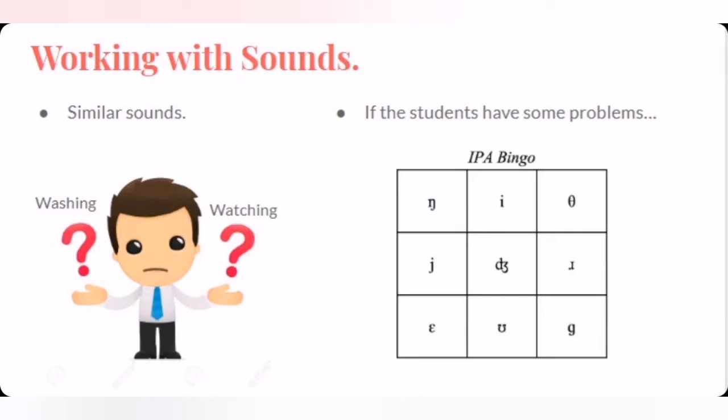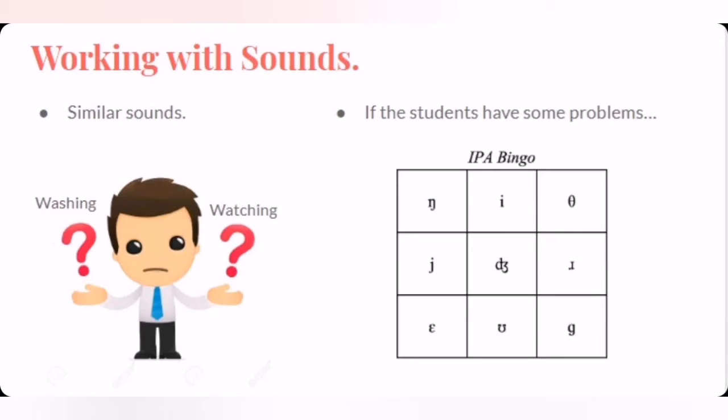Even though they are very similar, they have a small difference that is noticeable when pronouncing words such as washing or watching, and that makes people differentiate one from the other.